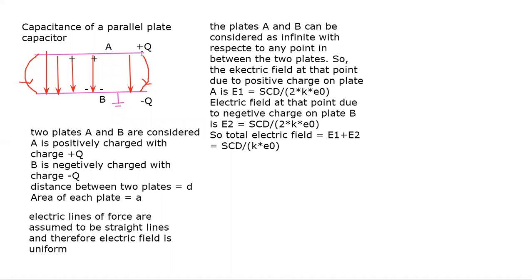So for the time being, we will not consider these curved electric field lines and therefore the electric field will be considered as uniform in between the two plates A and B.